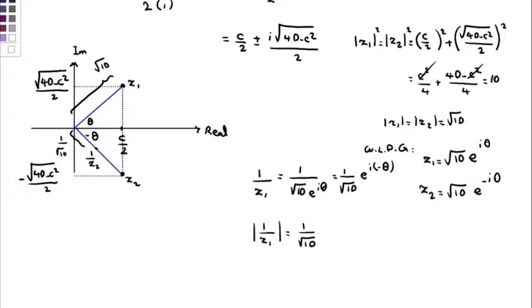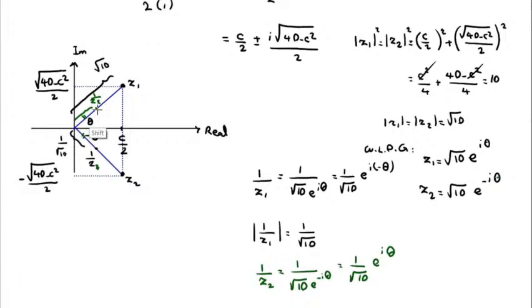So if we calculate 1 over z2, similarly it will be 1 over root 10 e^(negative i theta), because of this, it will be 1 over root 10 times e^(i theta). So the angle is theta and the length is 1 over root 10. This part equals this part. It was 1 over z1. This part is 1 over z2.